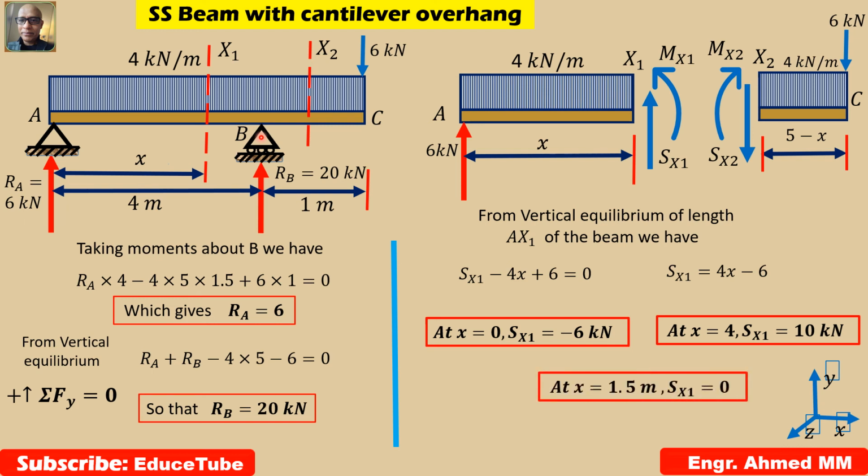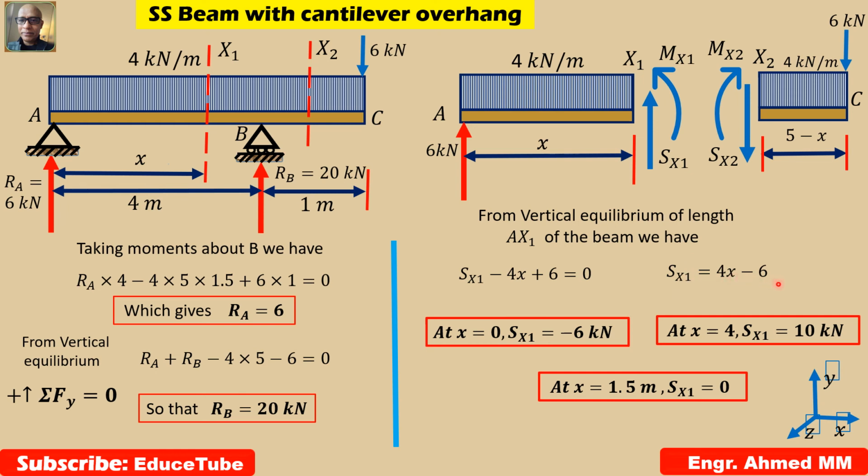Now, here one important point is, I know that this is minus 6 and here it is 10. So, in between, somewhere there will be 0. So, how to find it? Consider this shear force equal to 0.